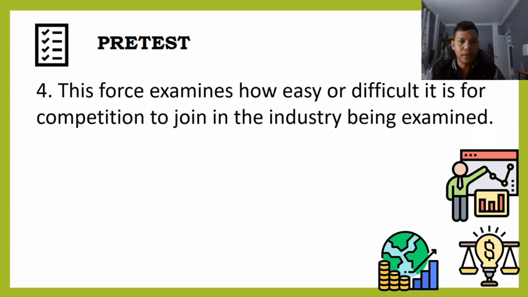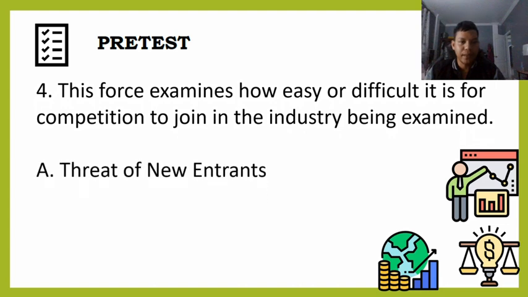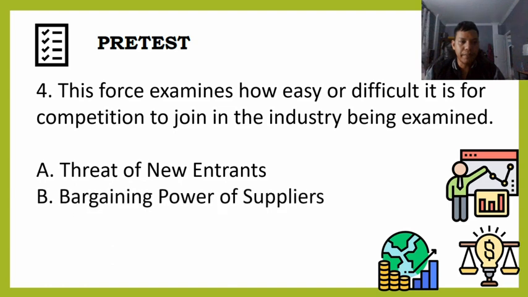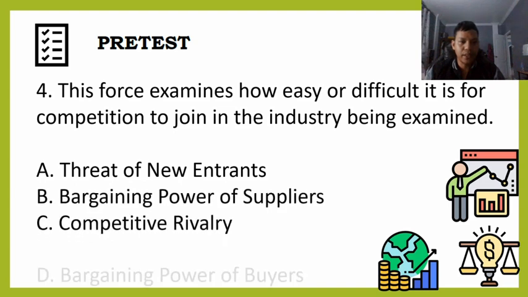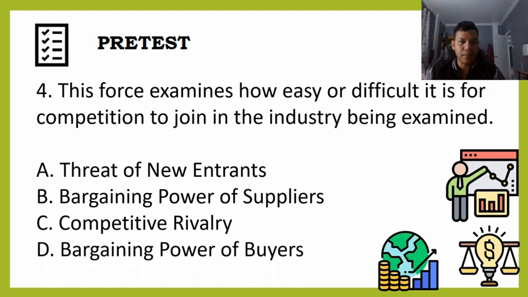Question number 4. This force examines how easy or difficult it is for competition to join in the industry being examined. A. Threat of new entrants. B. Bargaining power of suppliers. C. Competitive rivalry. Or letter D. Bargaining power of buyers.